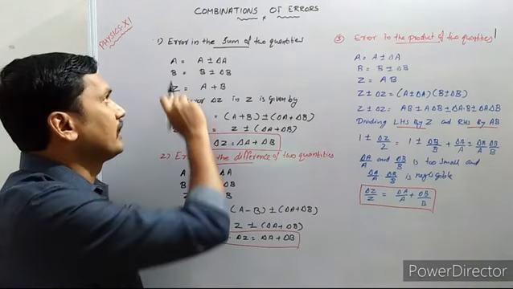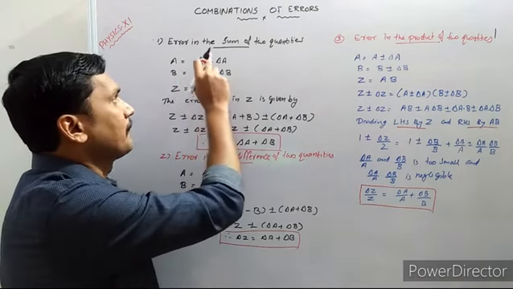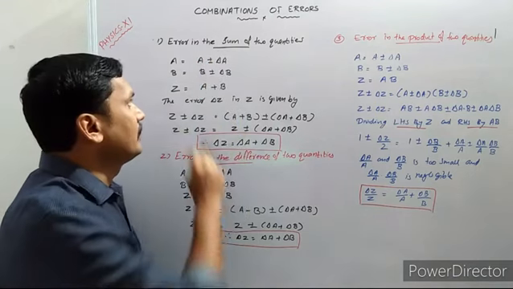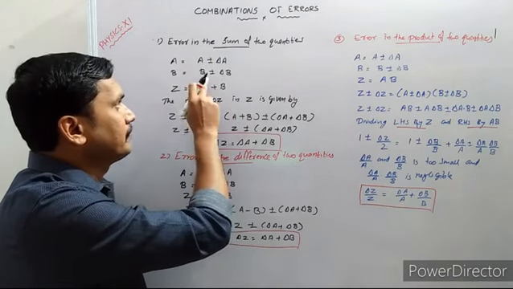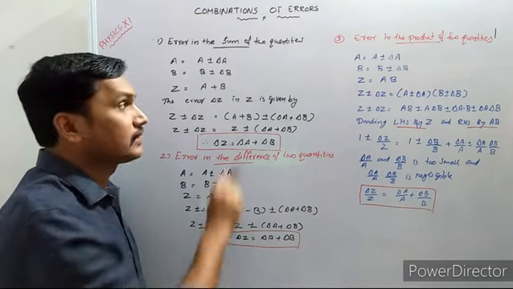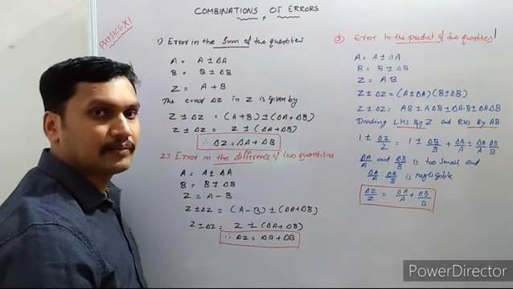So we can write A is equal to A plus or minus delta A, and B is equal to B plus or minus delta B. This is the way to represent the final measurement.